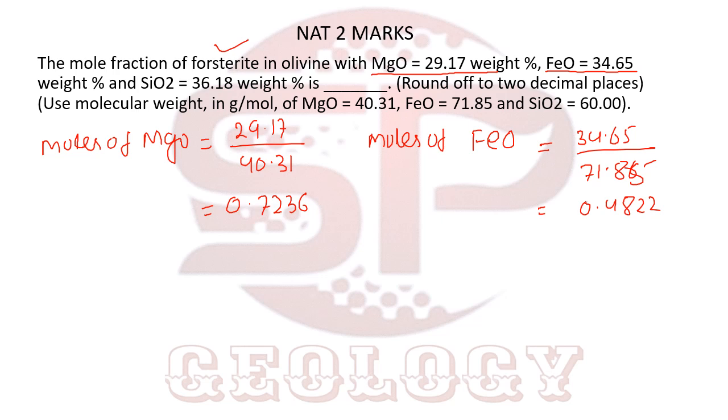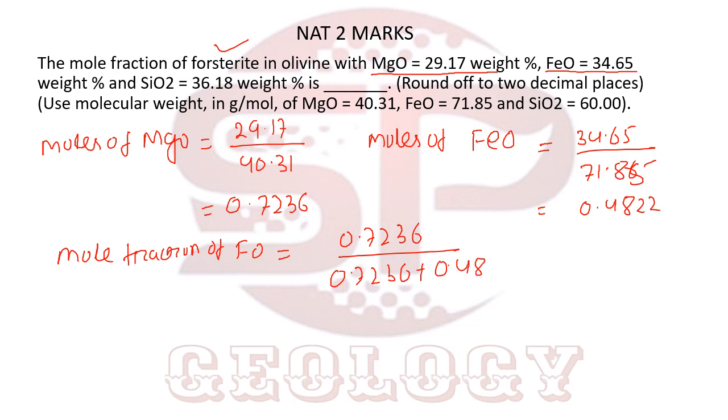Moles of MgO will be 0.7236, moles of FeO will be 0.4822. Then we will calculate the mole fraction of forsterite, which will be 0.7236 divided by 0.7236 plus 0.482, which will be 0.59. So the mole fraction of MgO will be 0.59, and that indicates the forsterite.